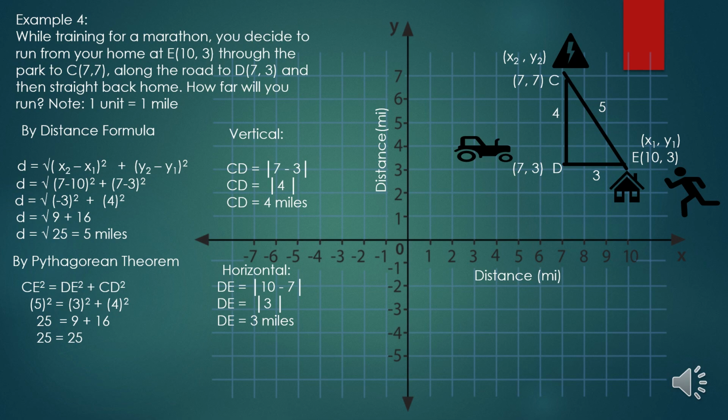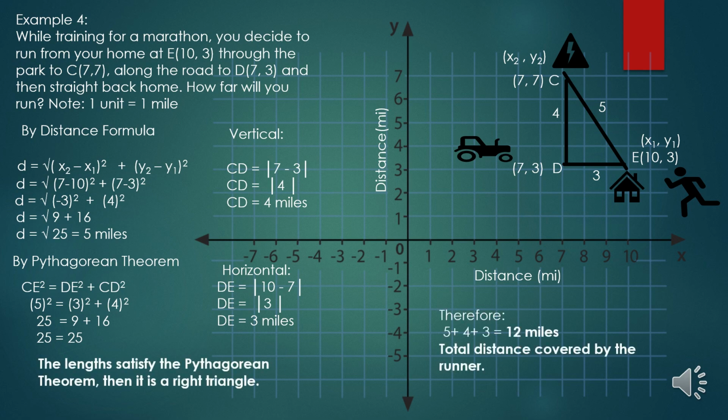If the lengths satisfy the Pythagorean theorem, then it is a right triangle. Therefore, the distance covered by the runner from his home, going to the park, then going to the road, then going back home again, is equal to 12 miles.